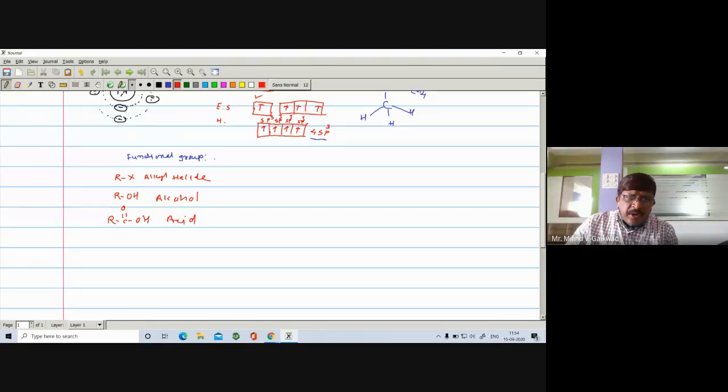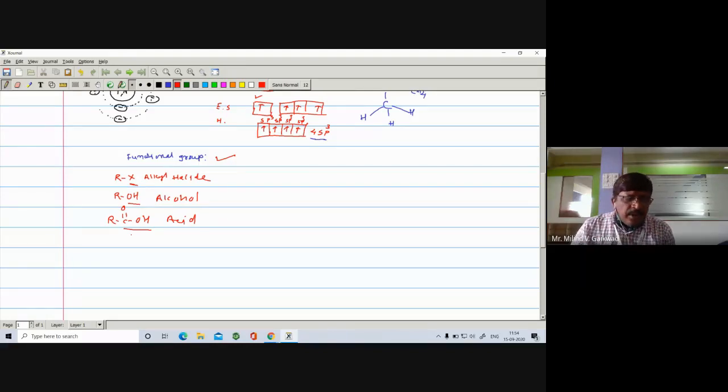So what is meant by functional group? Functional group is an atom or a group of atoms due to which that family gets characteristic physical and chemical properties.